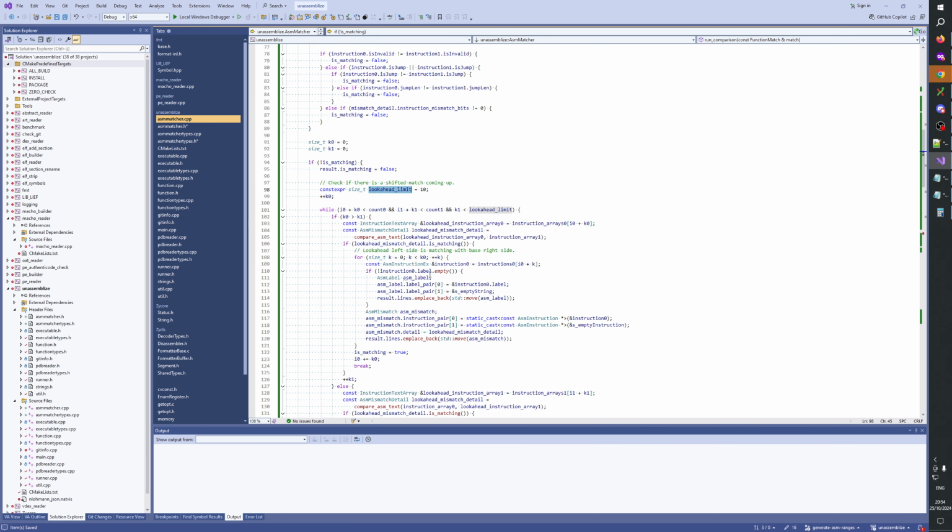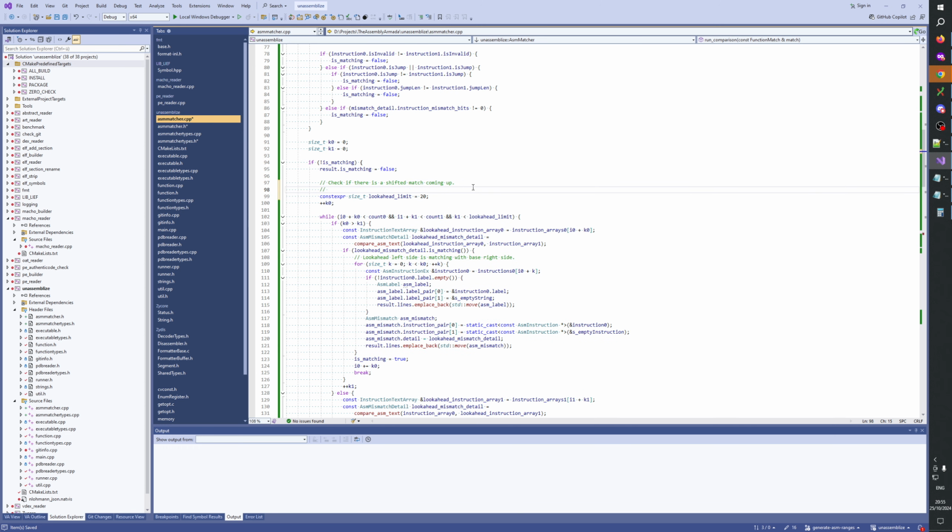Check if there's a shifted match coming up. Look ahead limit 10. K0. Now the question is this limit, is this reasonable? 10. I guess we could raise it, 20 maybe. It's kind of artificial, right? I don't know. Look ahead limit is artificial.